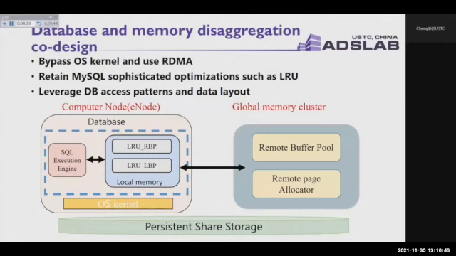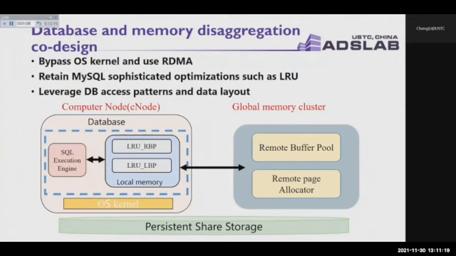But we inject some code inside it to manage the remote memory as well. At the remote side, we have a global memory cluster consisting of many physical servers, and we harvest the memory from these servers and form the remote buffer pool. We also have an allocator. And at the bottom, we have the persistent shared storage, which still guarantees fault tolerance. For example, we can still ensure crash consistency because of this layer.